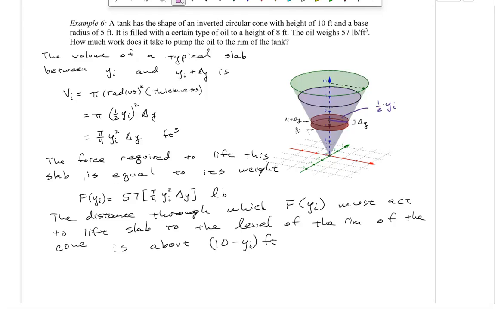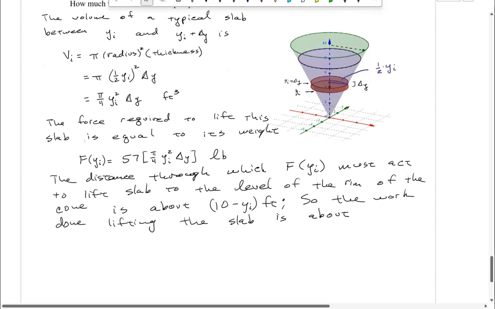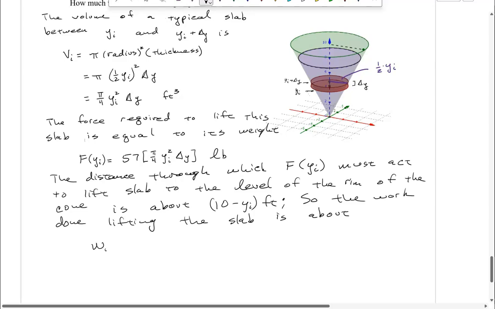And from there, we can notice that the work done lifting the slab is approximately, call it W sub I, since we're just lifting slab number I. It's approximately equal to our force times our distance.